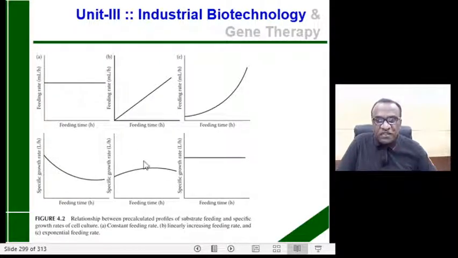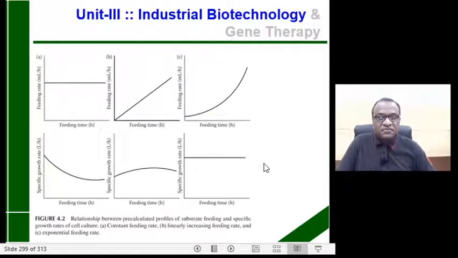So in constant feeding rate, the cell growth gradually decreases, and in linear feeding rate, there is an increase in the cell growth, and finally the plateau is attained. And in the exponential feeding rate, the cell growth is constant.